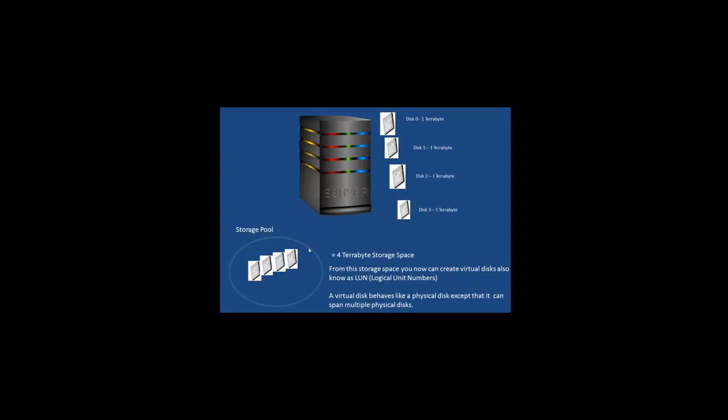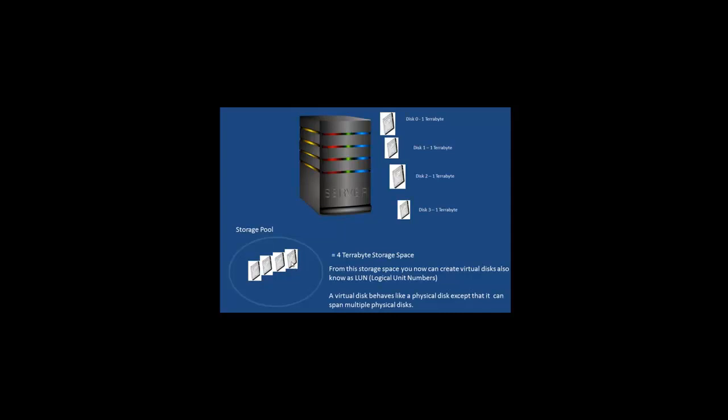The difference between an ordinary disk and this storage pool area is that when I create the virtual disk, I'm going to be able to pull space from the other disks. So it lets me span multiple disks.